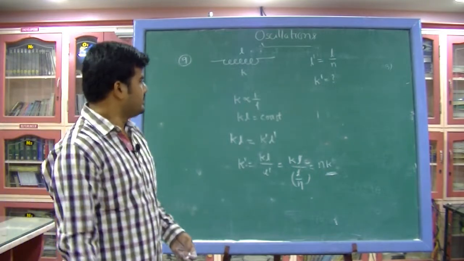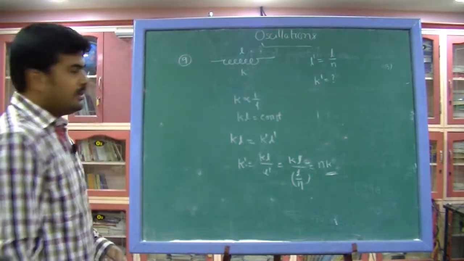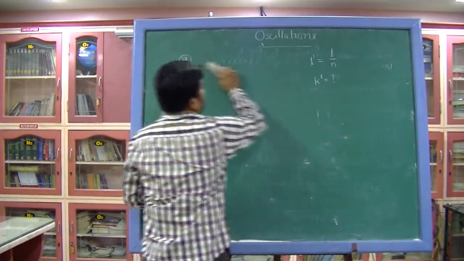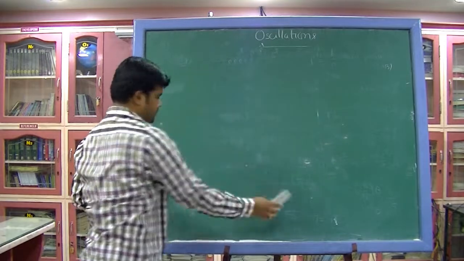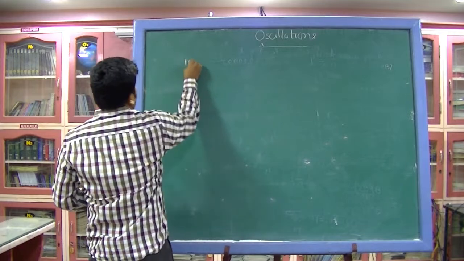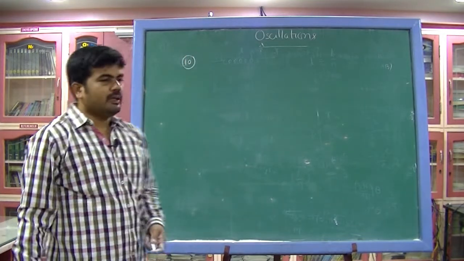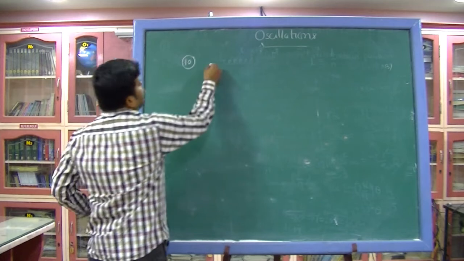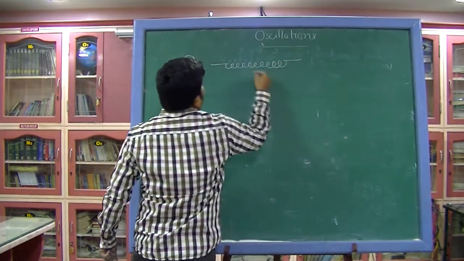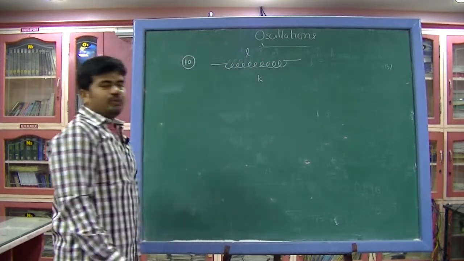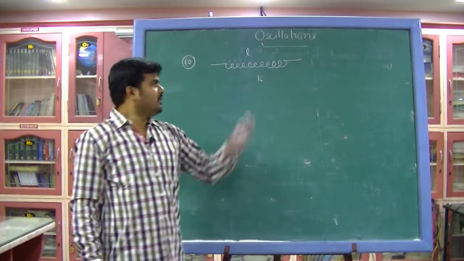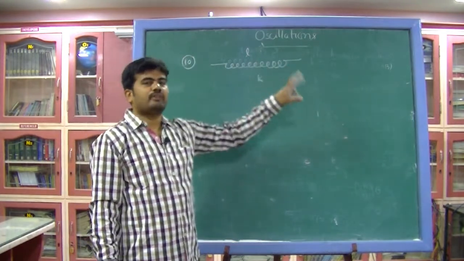Now, let us discuss one more problem based on the same topic. Question number 10. A spring of spring constant K and length L is cut into two parts such that the length of one part is twice the length of the other.